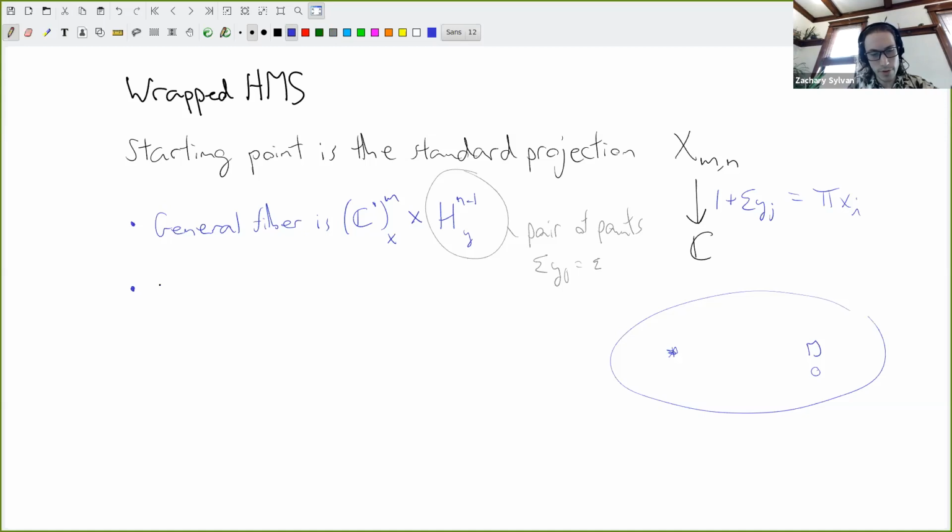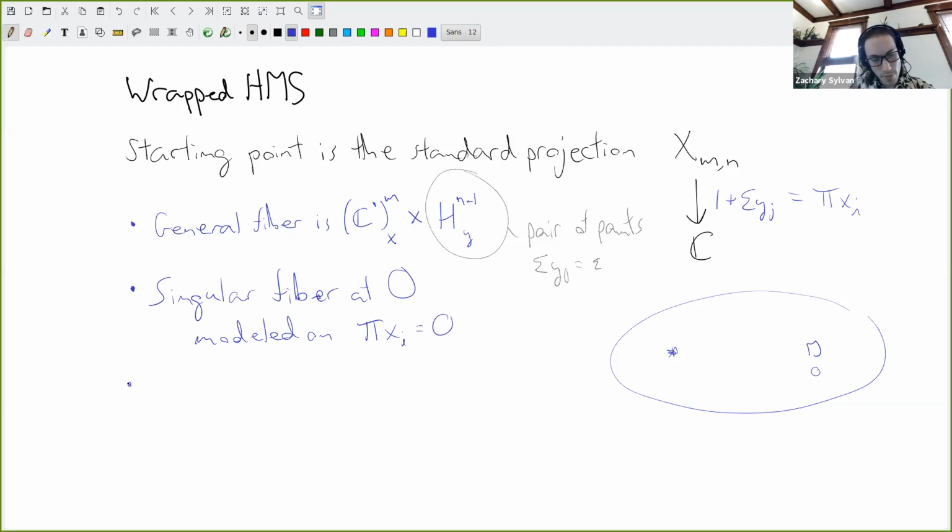So we have a singular fiber at 0, modeled on the product of the x_i equals 0.